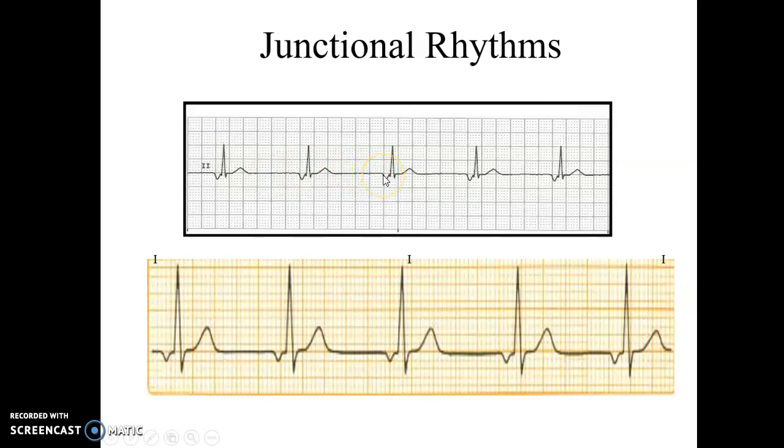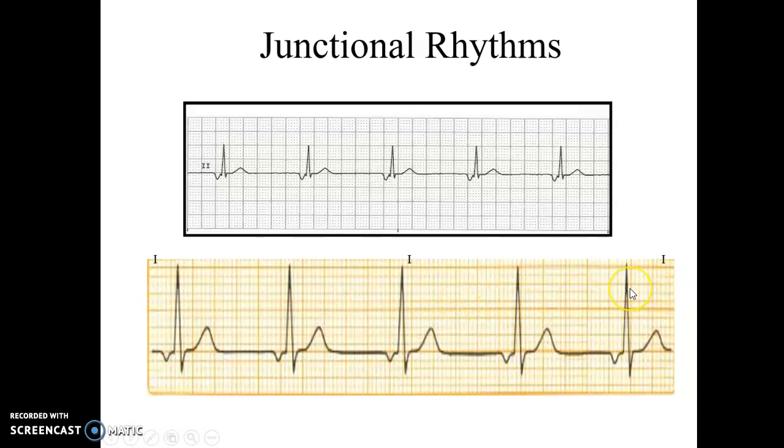When I try to count my boxes here, it's a little over 2 boxes, about 2.5 boxes, so 0.10. So that makes this an inverted P wave with a short PR interval, normal QRS size, so this would be JR at 50.